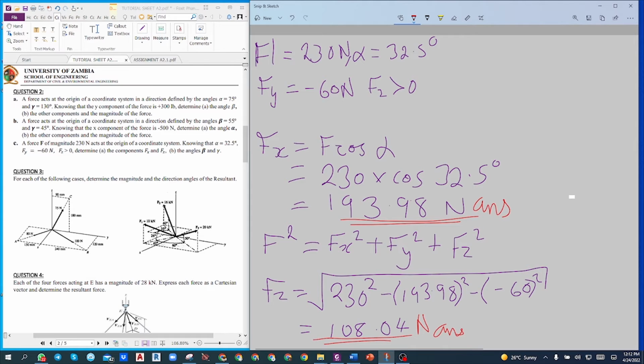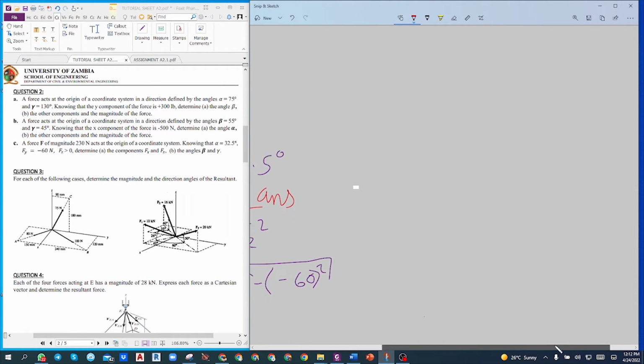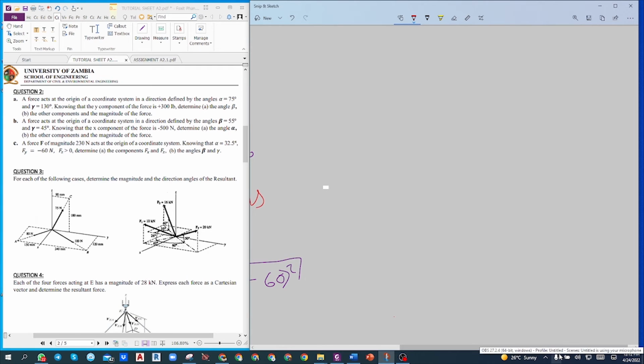Now finding the angles beta and gamma, I see no problem. Actually, it is almost boring, isn't it? Anyhow, we will use cos.